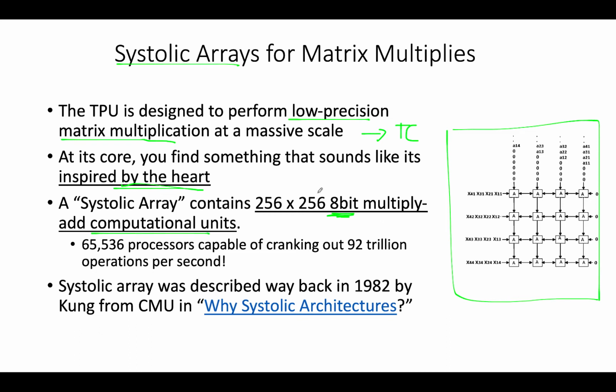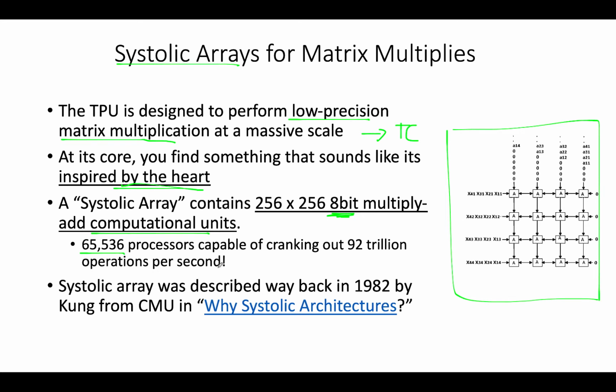When we put together all these 256 by 256 multiply add units, this is like 65,000 processors. They are capable of cranking out 92 trillion operations per second.